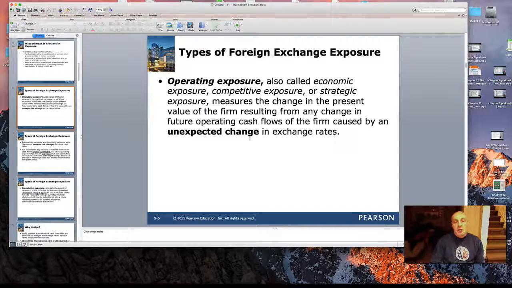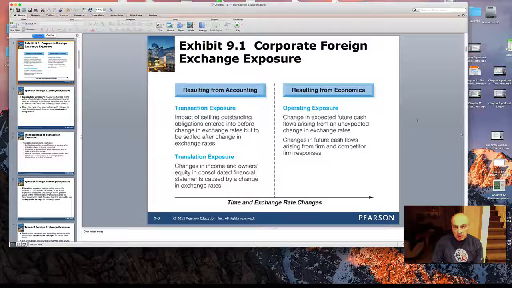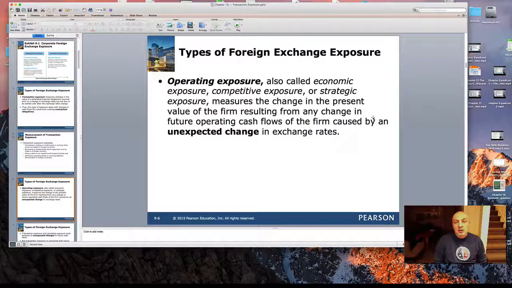When we look at operating exposure, the second topic on this slide, these are also called economic exposures, competitive exposures, or strategic exposures. What operating exposure measures is the change in the present value of the firm that results from changes in future operating cash flows due to unexpected changes in exchange rates.